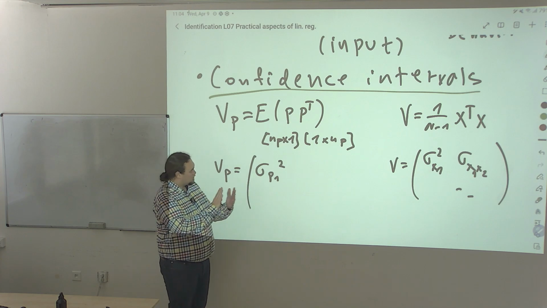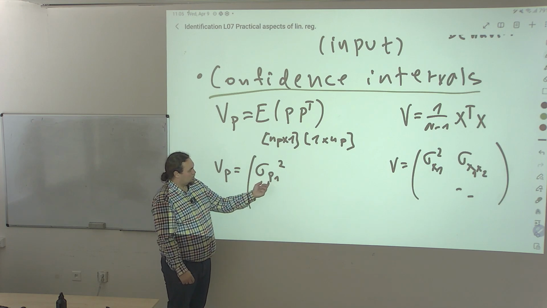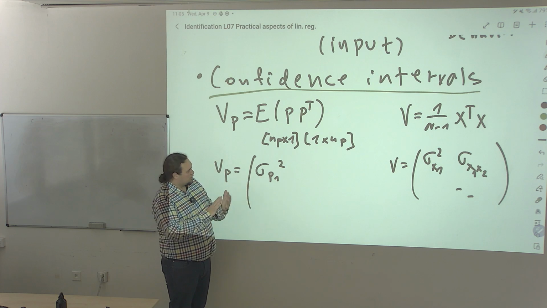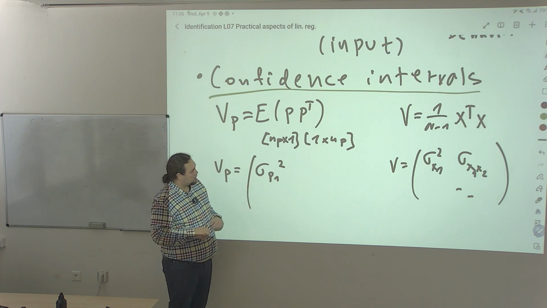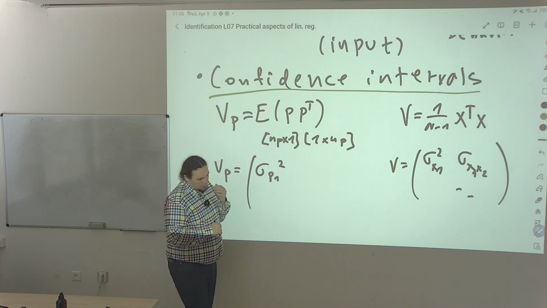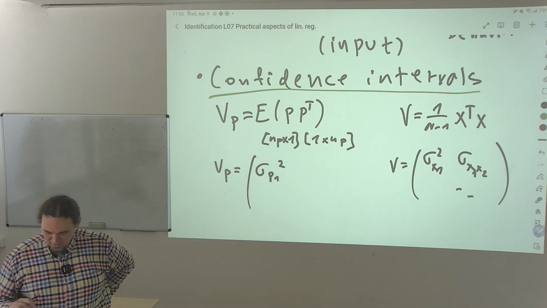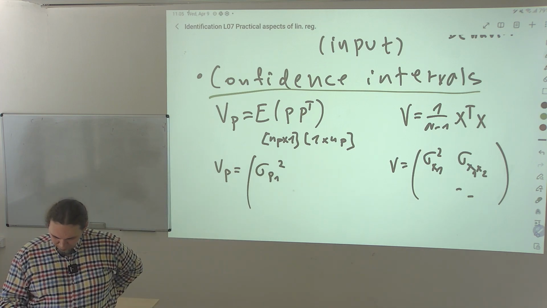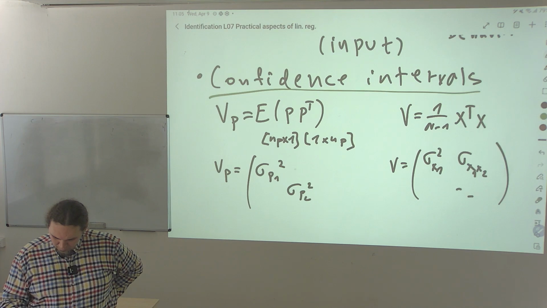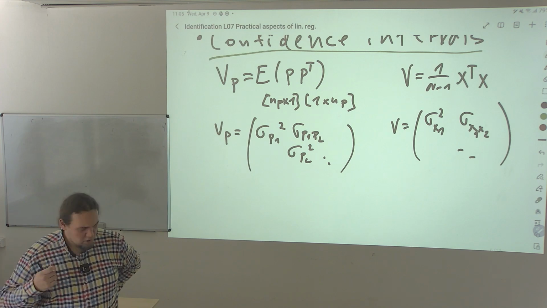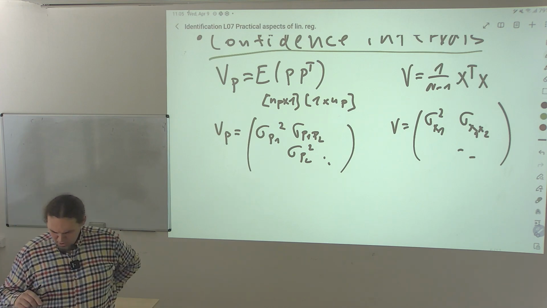We want to find how much the parameter P1, based on our measurements, can spread its values, how uncertain this parameter is. How to build this matrix should be pretty easy.